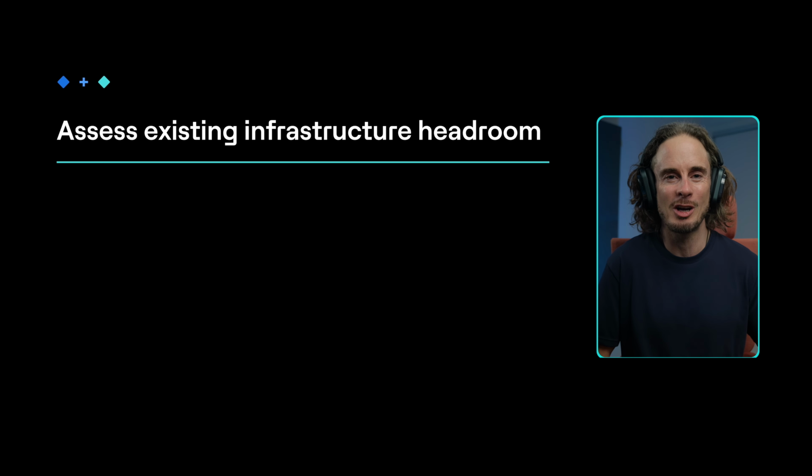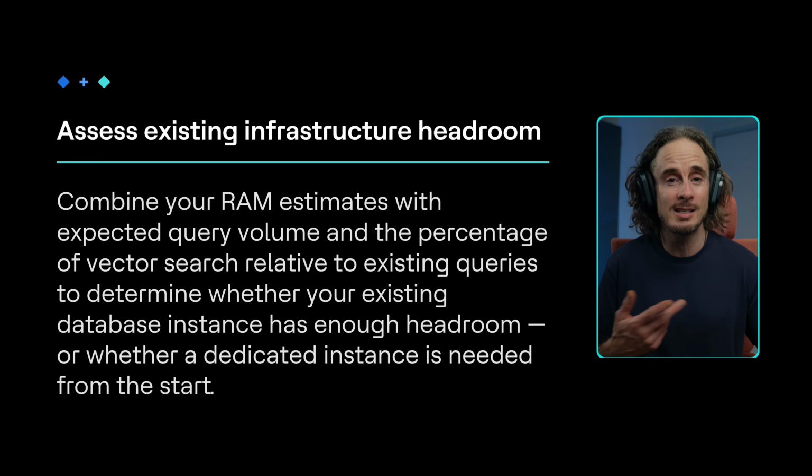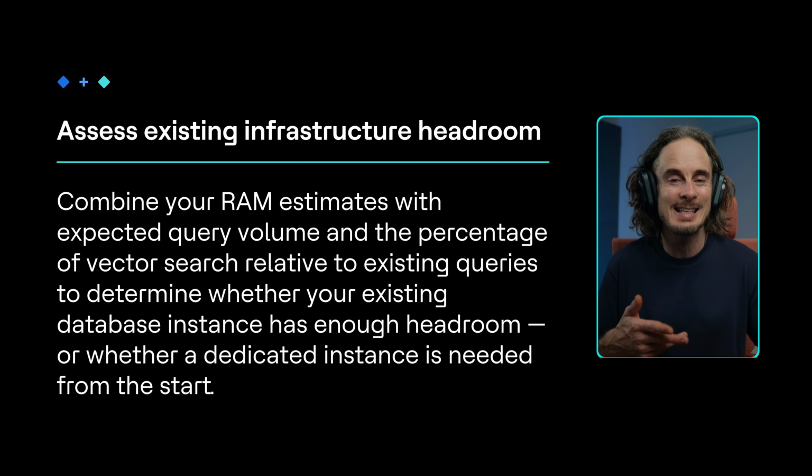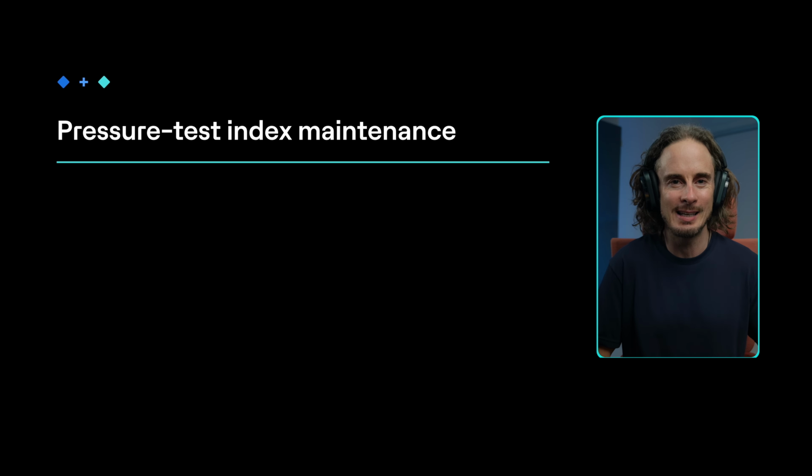Assess existing infrastructure headroom. Combine your RAM estimates with expected query volume and the percentage of vector search relative to existing queries to determine whether your existing database instance has enough headroom, or whether a dedicated instance is needed from the start. Pressure test index maintenance.